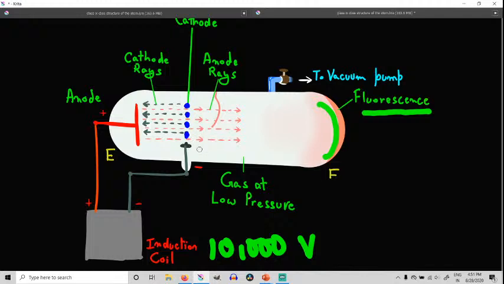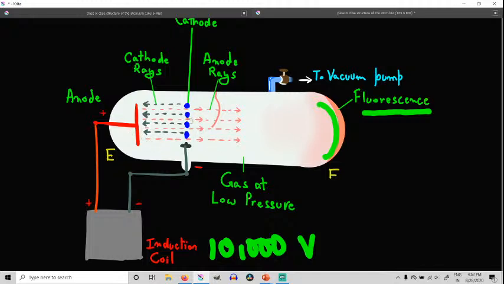So since these rays are coming from the side of the anode, they are called anode rays. So what should be the name? Anode rays. Why are these known as anode rays? Because they are coming from the anode, and the anode is a positive electrode, right? So they should be called anode rays.